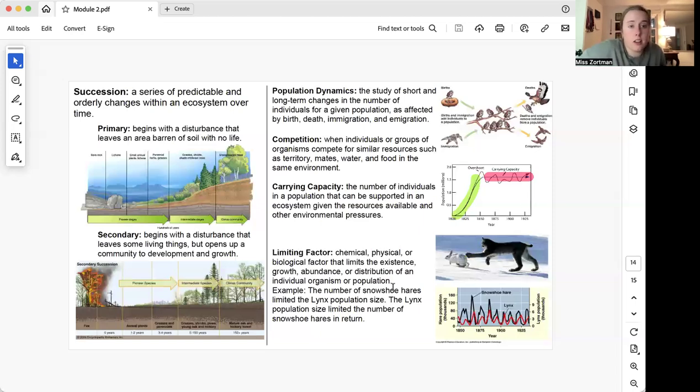So succession is a predictable but long process of how an ecosystem rebuilds over time. So there's two types. There's primary succession, which is when there is no life at the start of the process. So it's just barren rock, which again, this usually happens after a landslide where rock is completely covering the ground, or a volcano where molten rock forms a new environment.